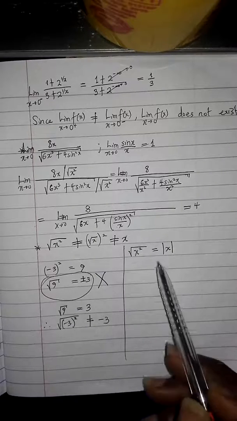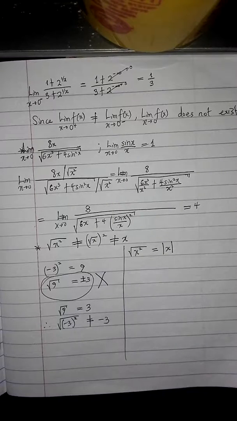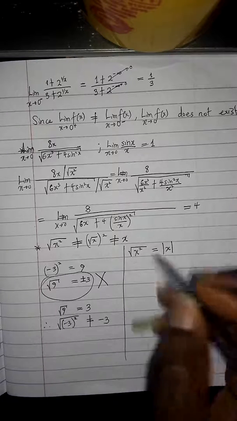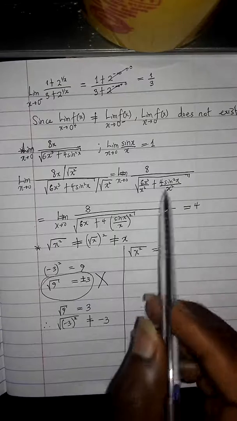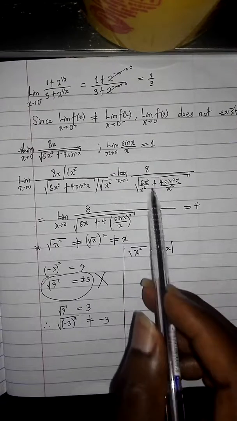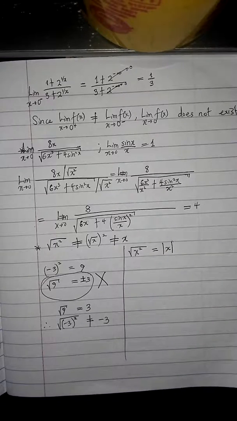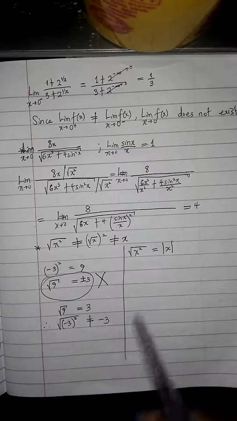Modulus of minus 3 is 3. If it was a positive number, it will give you that positive number, and that will be fine. So please don't forget this whenever you are dealing with operations involving square roots, fourth roots, sixth roots, and so on, involving any even roots generally, because when it involves even roots, this is always going to obtain.